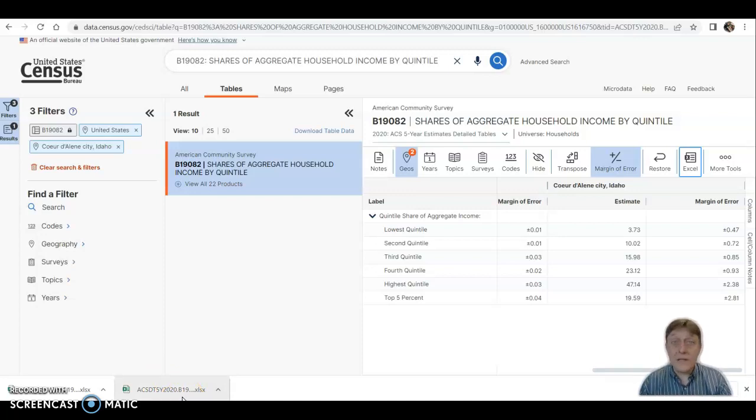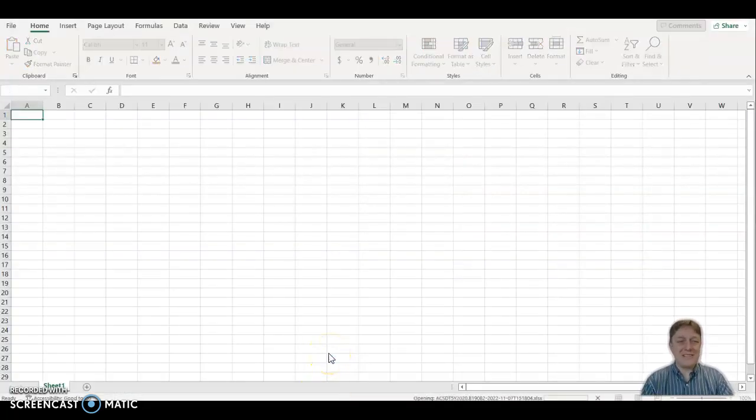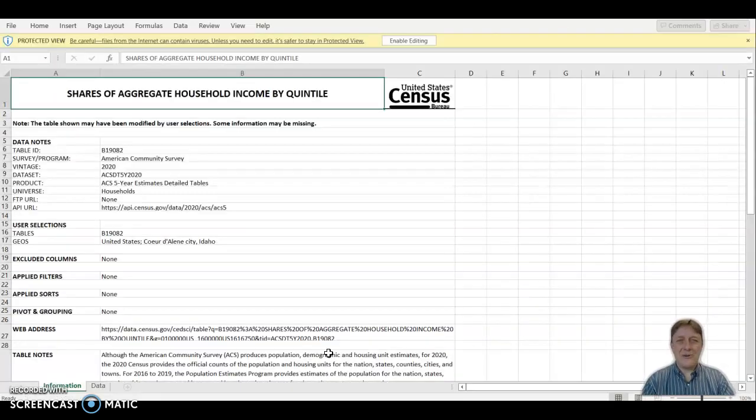You can also open that up in the free Google Drive document format, Google Sheets. So if you go to drive.google.com, which is free to anyone with a Google account, you could open it there as well. I'm going to click to open this in Microsoft Excel, and let's wait for it.